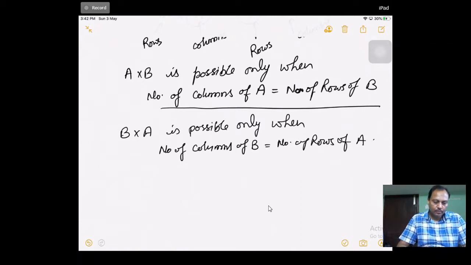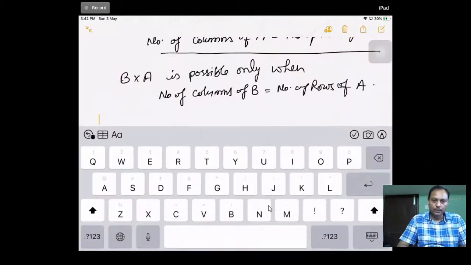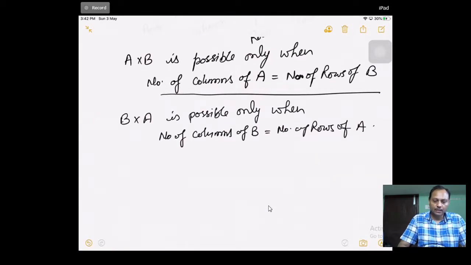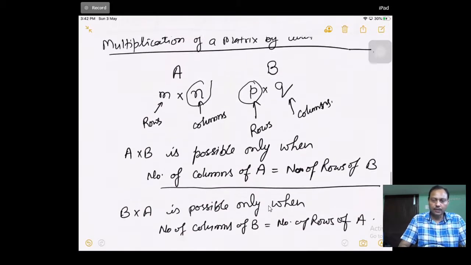Sometimes the result may be equal for A into B and B into A, but not always. So the multiplication of matrices is not commutative.